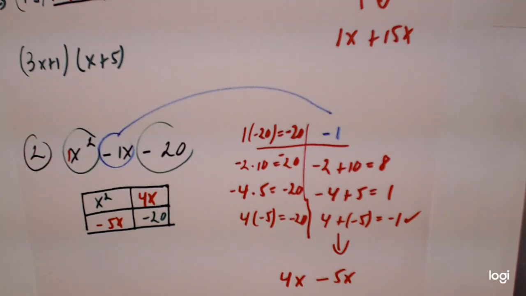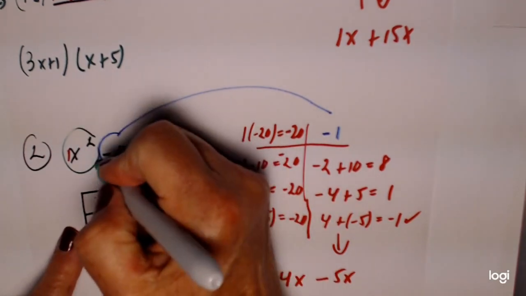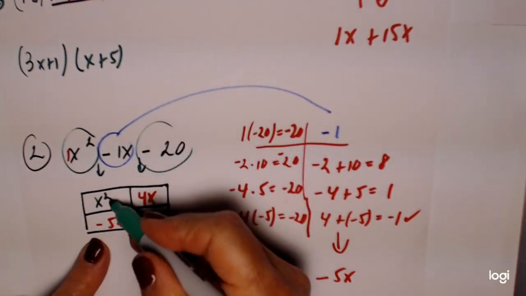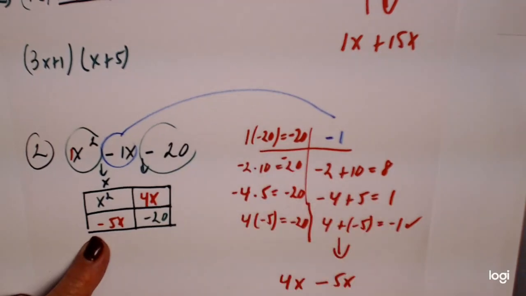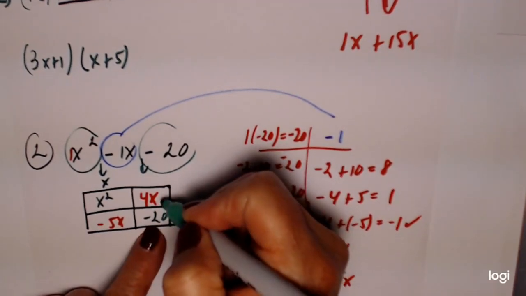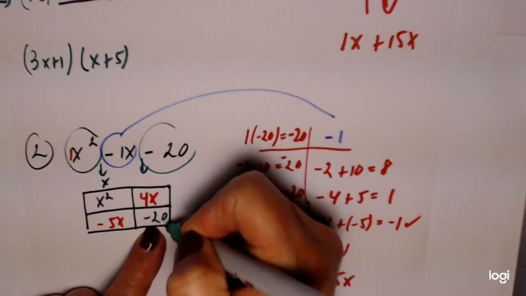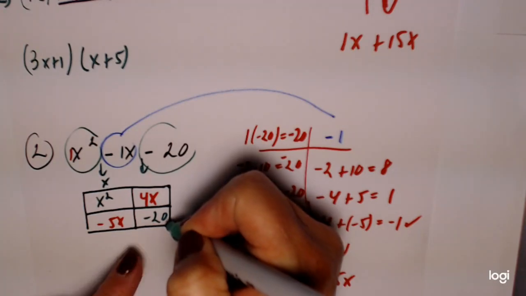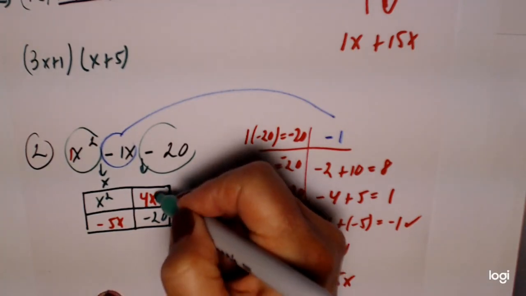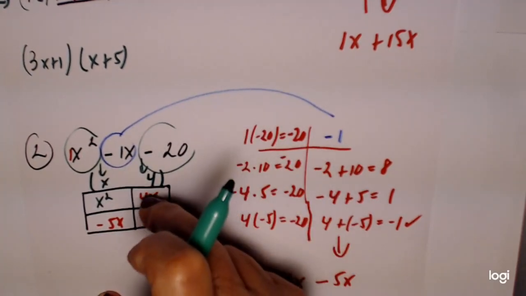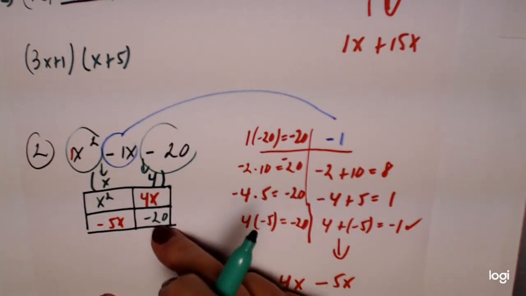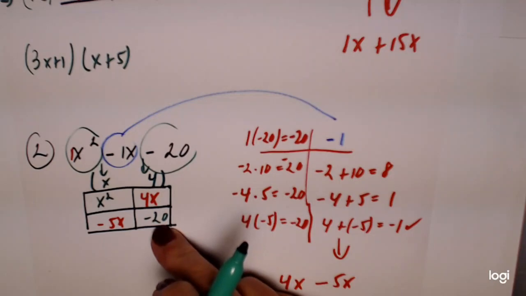And now we do greatest common factor again, going down. So between x squared and negative 5x, we have an x in common. Between 4x and negative 20, here we have 4 in common, because 4 divided by 4 is 1, 20 divided by 4 is 5.